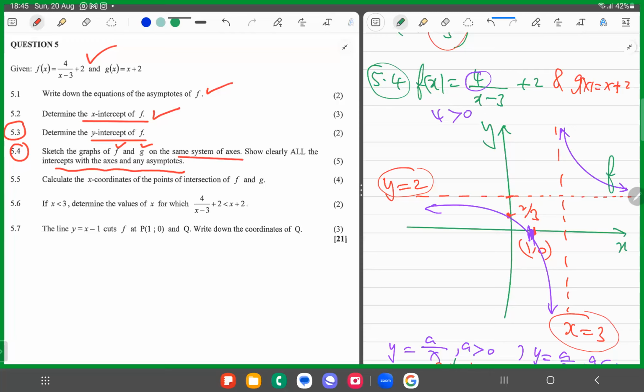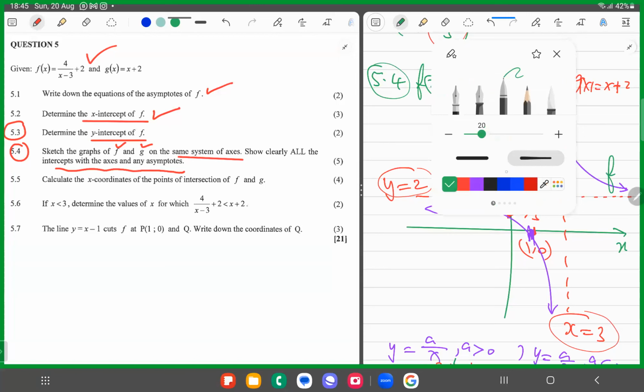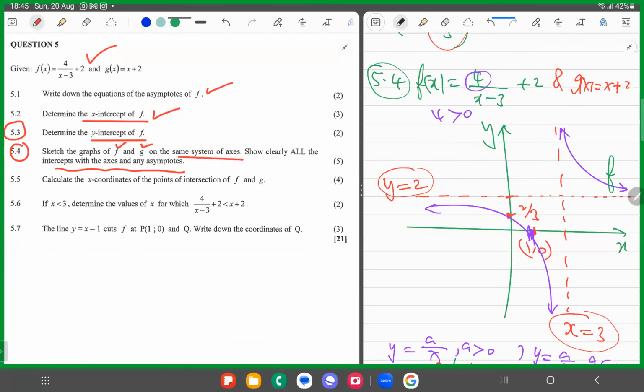The next one to sketch is the graph of the straight line, which is very easy. Here is how we sketch the straight line graph. When x is 0, y becomes 2. When y is 0, you write it like this, and you get x equals minus 2.